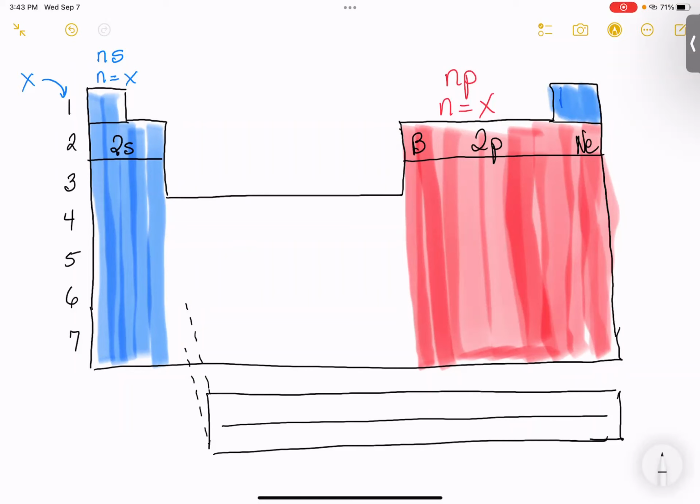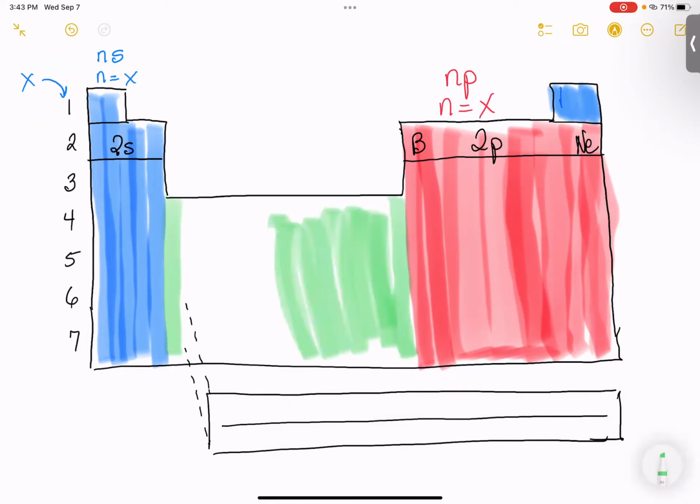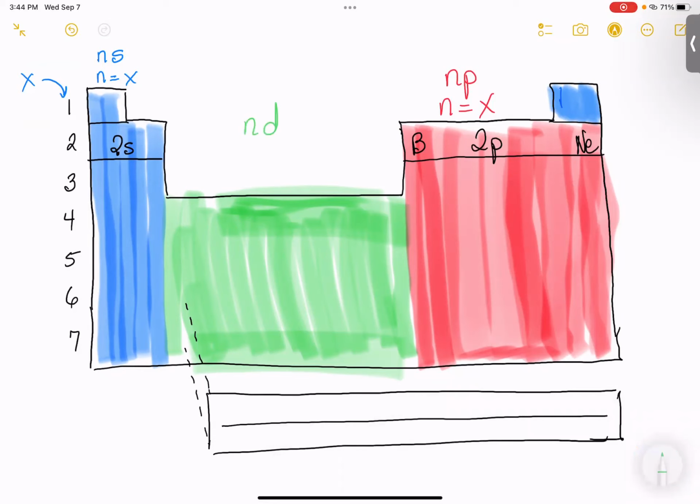Now, this intersection, your transition metals. Your transition metals are the ND, but in this particular case, it is equal to X minus 1.